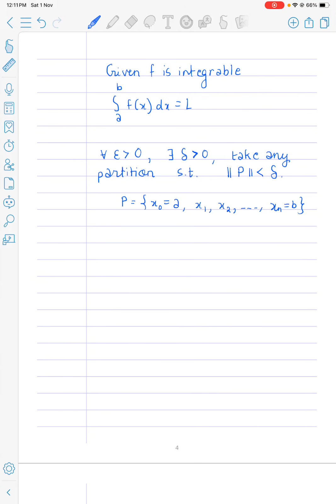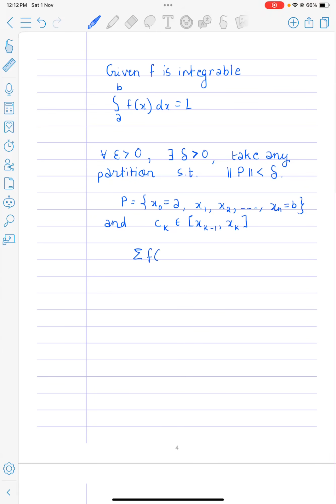this happens. You can take any ck between xk minus 1 and xk. We have a sum, right?